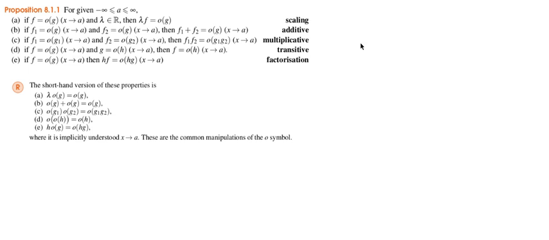And the proof of this is easy, because if f is small o of g, then the limit when x goes to a of f divided by g is 0, right? But then if we multiply this by lambda, it is still 0, because multiplying this limit by a number doesn't change anything, right? Okay, so that's the first property.